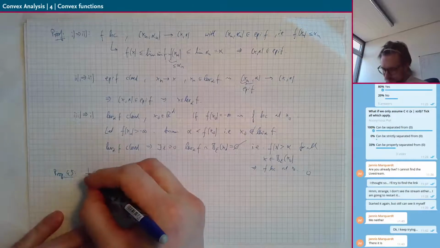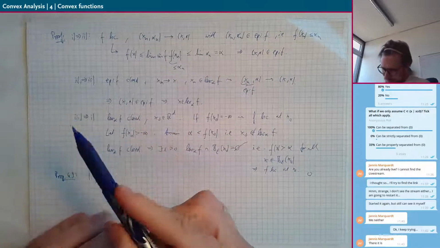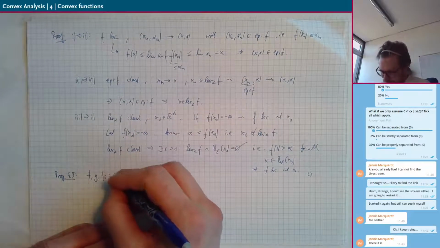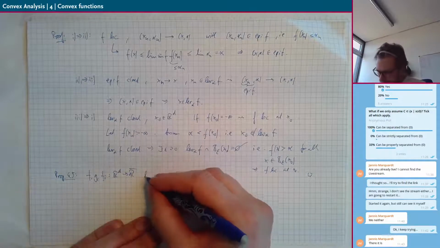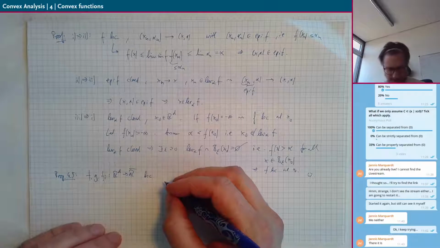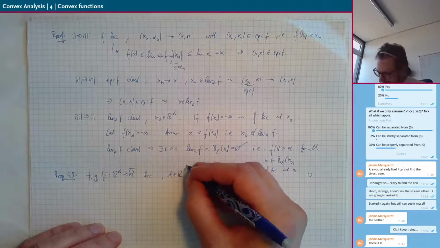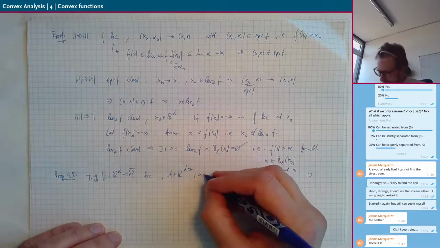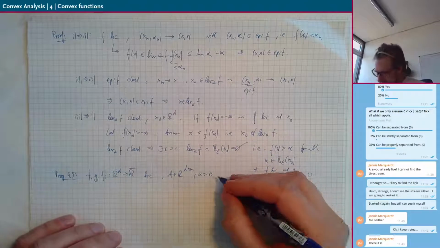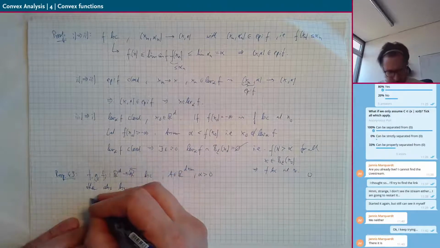We take a bunch of functions, f, g, and also a family of LSC functions, fi, all from Rd to the extended real line. All of them are LSC, and A is a d times m matrix. Alpha is positive. Then the following are also lower semi-continuous.